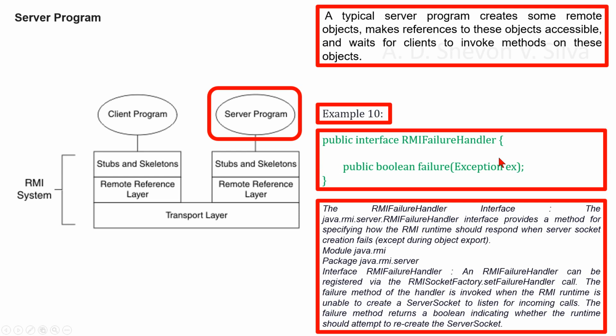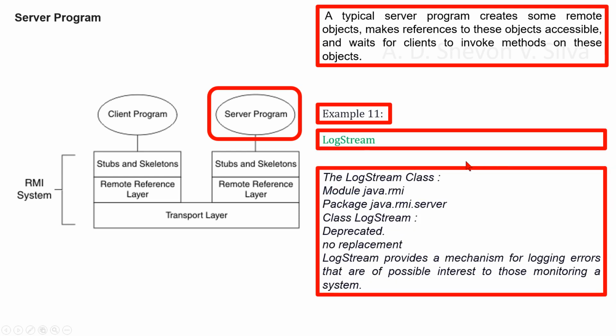The RMI failure handler will be called when there is an attempt to create a server socket after a failed accept on the server socket.